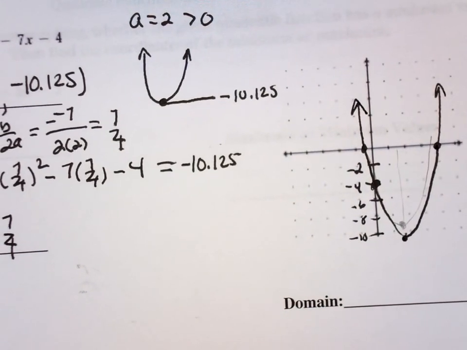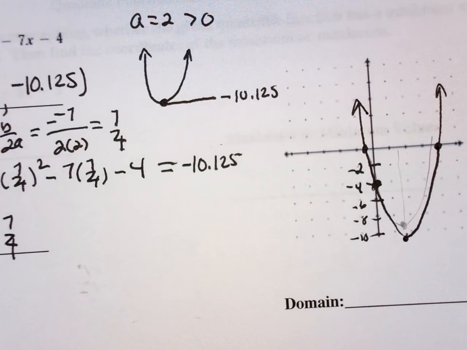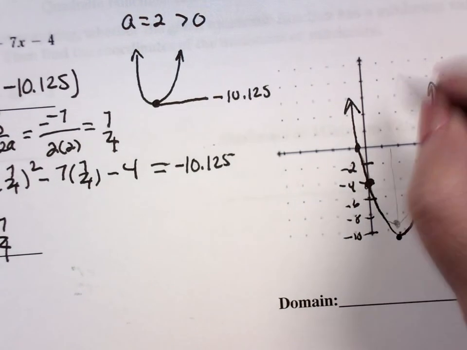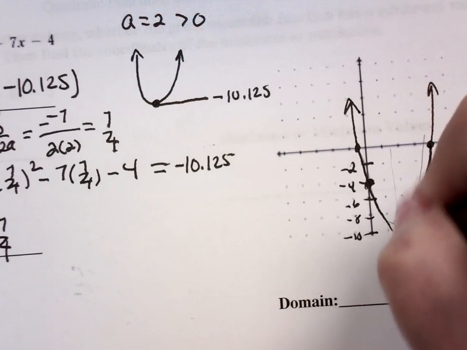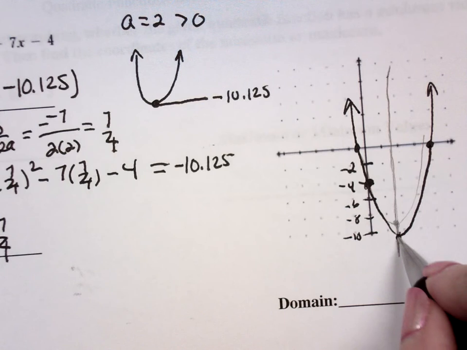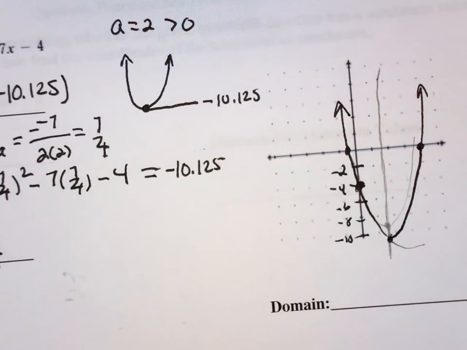How do you find the axis of symmetry? Pardon me? Find the x what? Axis of symmetry? Oh, axis of symmetry? The axis of symmetry is the line that goes down through the middle of the parabola. So it goes through the x-coordinate of the vertex.